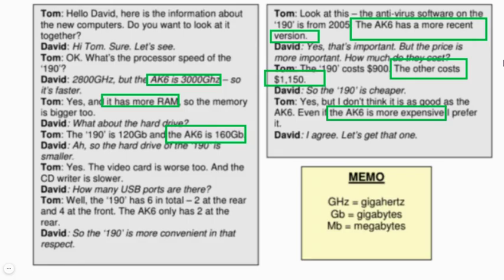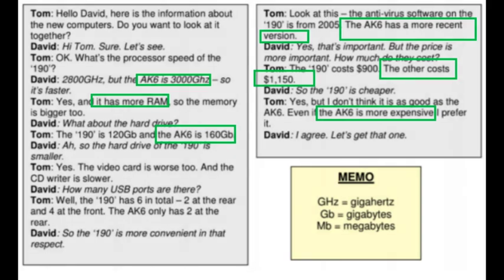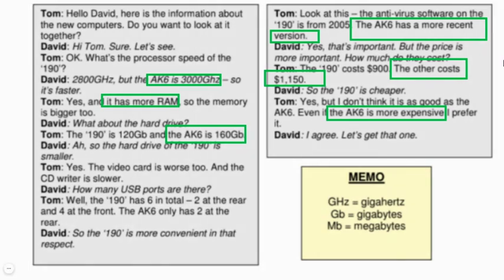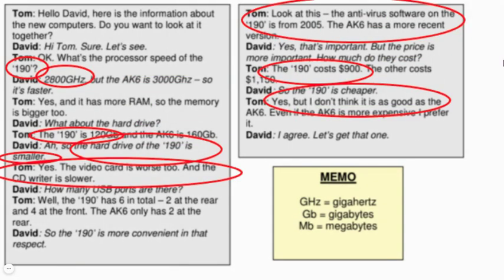The parts of the conversation that refer to the AK6 computer are outlined in green. The parts of the conversation that refer to the computer 190 are outlined in red.